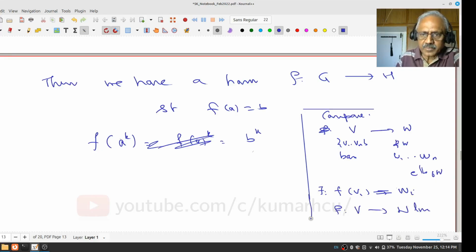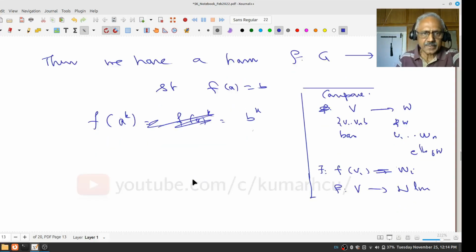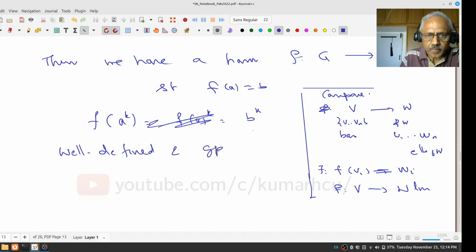Okay, something similar is what I am doing. f of a to the power k equal to b to the power k. So I want to say this is well defined, and then it's a group homomorphism. Two things I have to check.